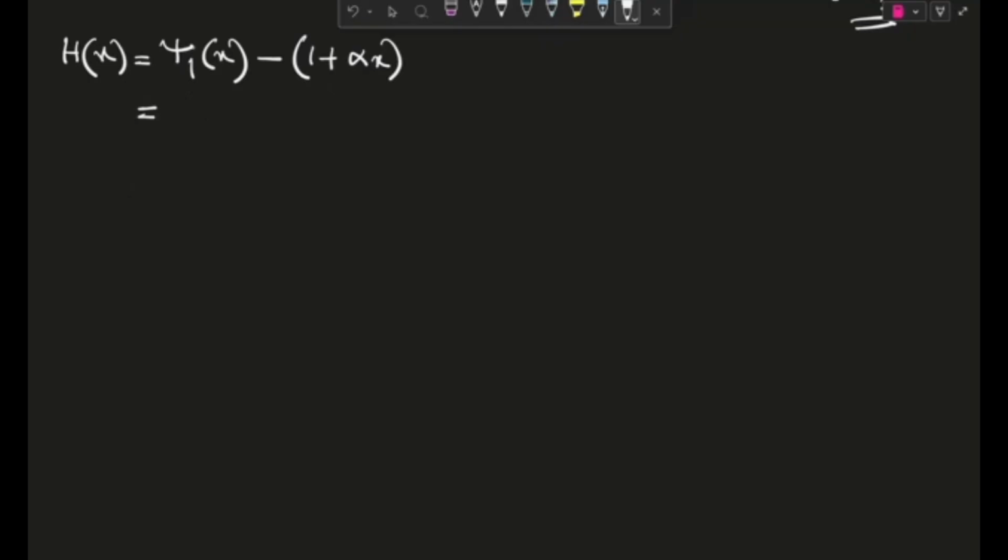Now if you put the value of xi 1 of x here, it will come out to be e power minus x, and then minus 1 minus alpha x. This is your xi 1 of x, and as per the question condition, this is for x greater than or equal to 1 and alpha belonging to 1 to x, both open.